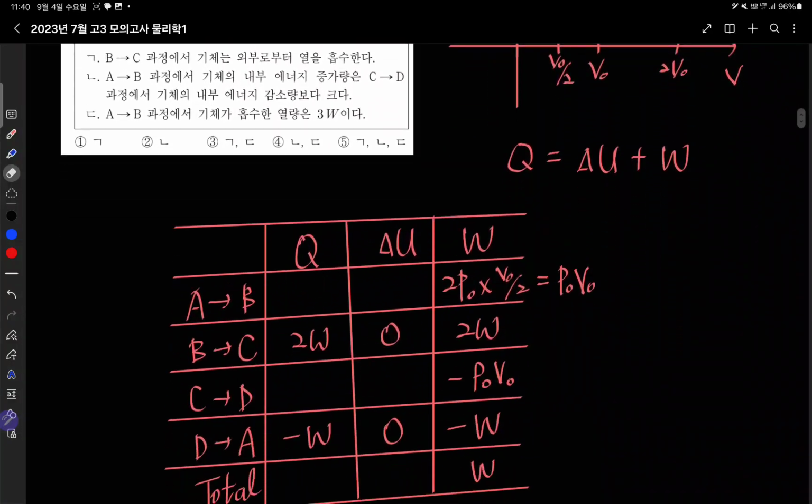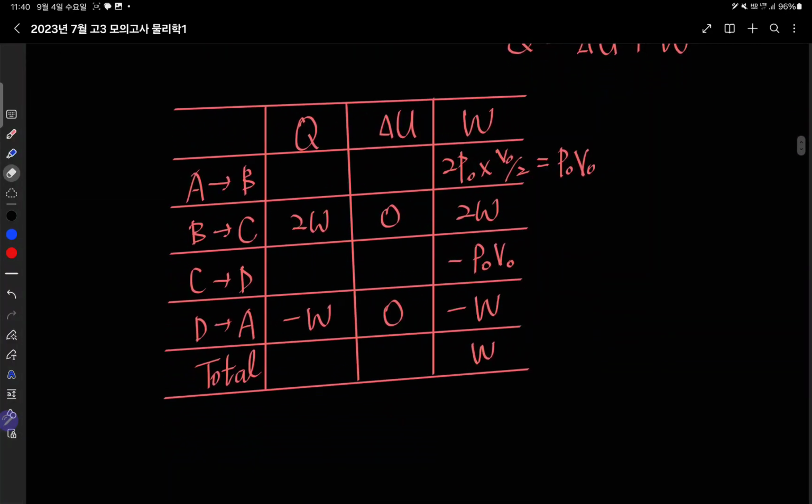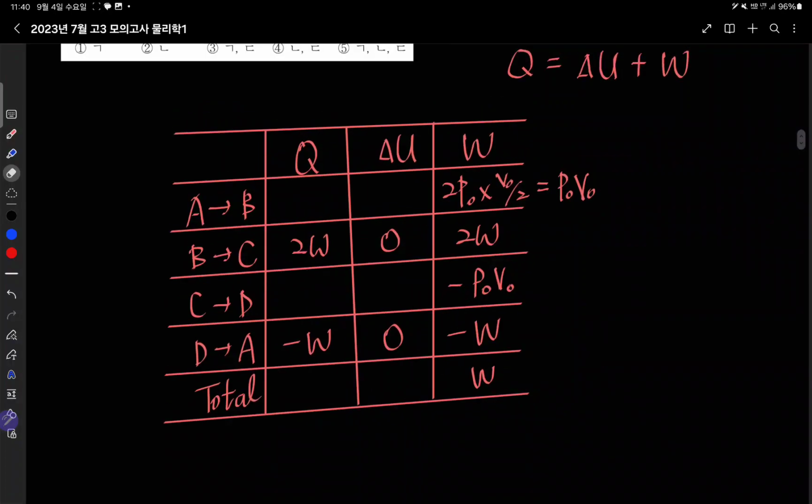And after this cycle, the change of energy should be 0. That means the total amount of heat absorbed is W.